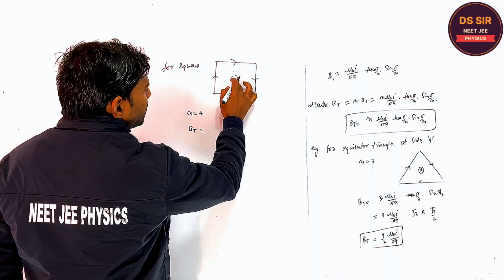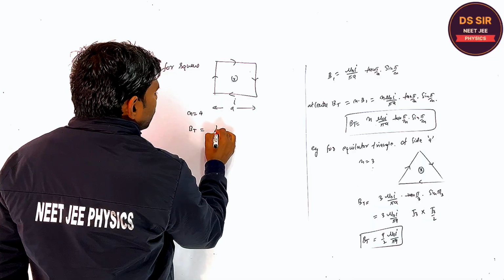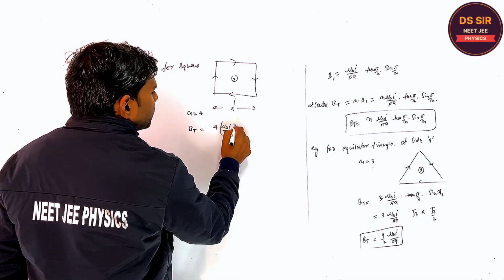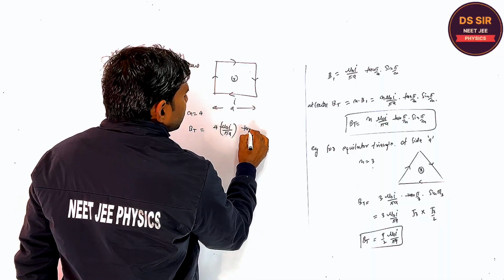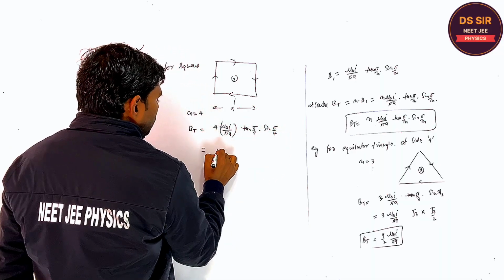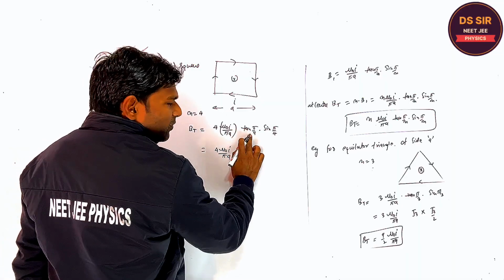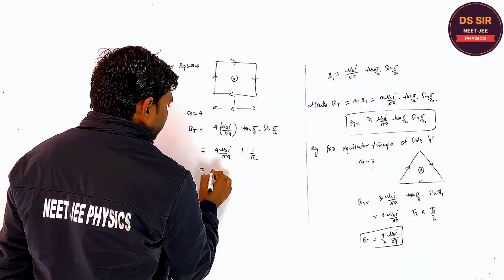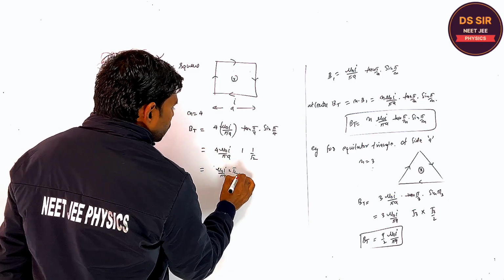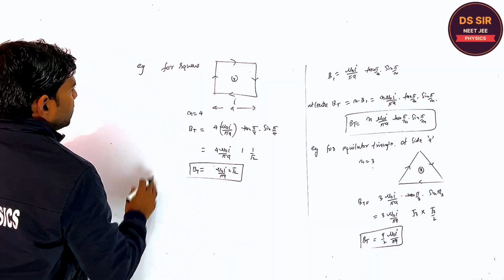So at the center, the magnetic field, the side of the square being a, is 4 mu naught I upon pi a, right? Yes. And tan pi by 4 sine pi by 4. So it is 4 mu naught I upon pi a, tan 45 sine 45. So mu naught I upon pi a, right? And this is 2 root 2. This is the total magnetic field at the center.